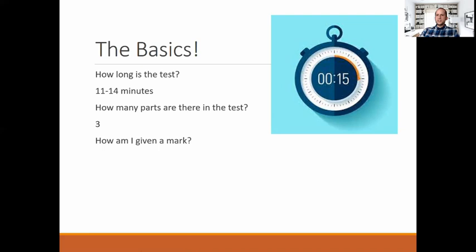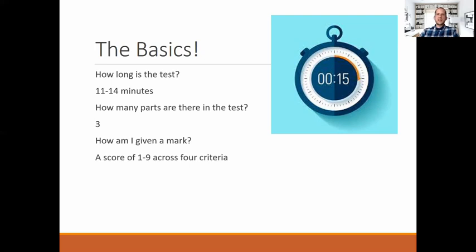Which brings us to the question of how are you actually marked in an IELTS test? Well, there are four criteria, and you're given a score of 1 to 9 across those four criteria. So for each criteria, you get an individual score. Unfortunately, IELTS doesn't give you the results for each criteria, neither for the speaking nor for the writing.